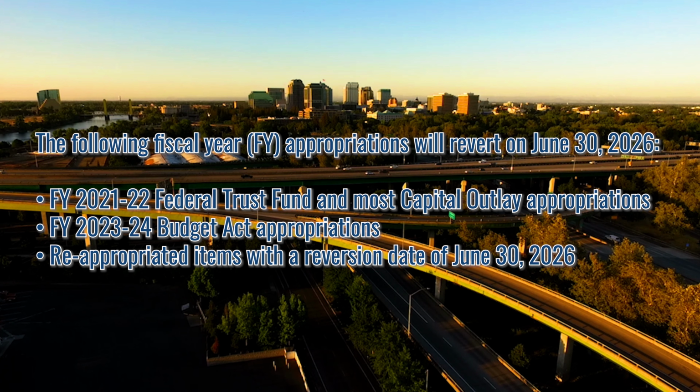The following fiscal year appropriations will revert on June 30th, 2026. Fiscal year 21-22 Federal Trust Fund and most capital outlay appropriations, Fiscal year 23-24 Budget Act appropriations, reappropriated items with a reversion date of June 30th, 2026.